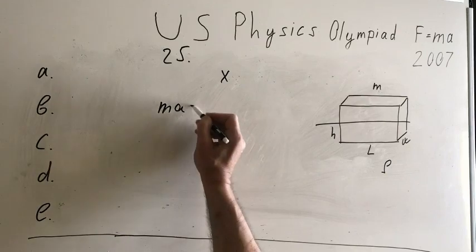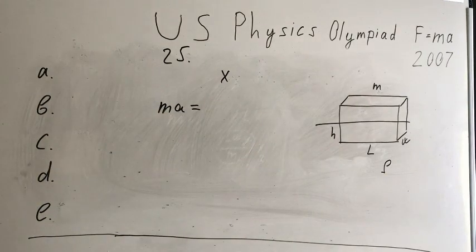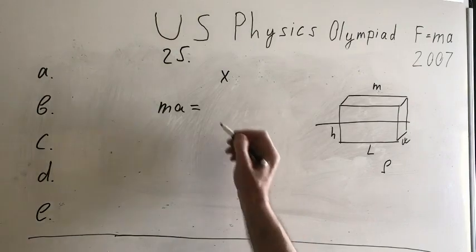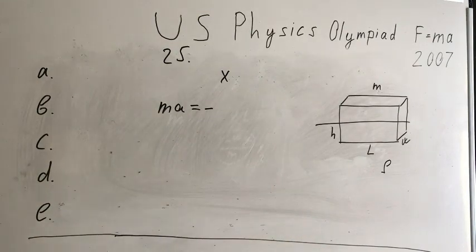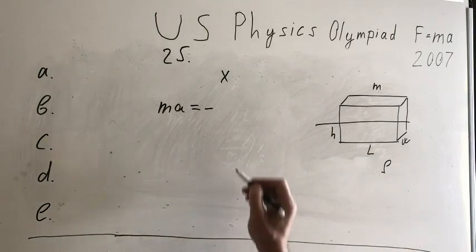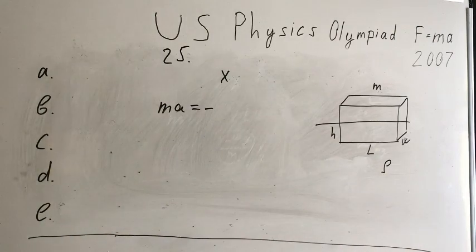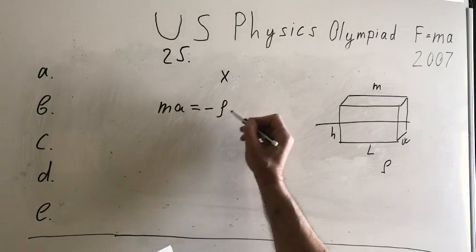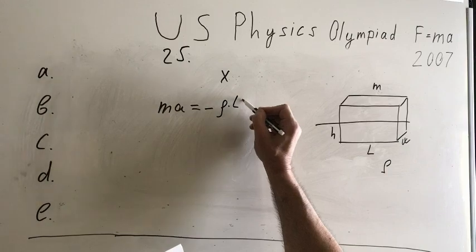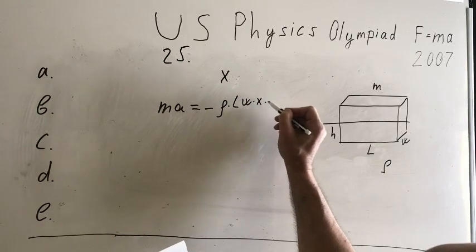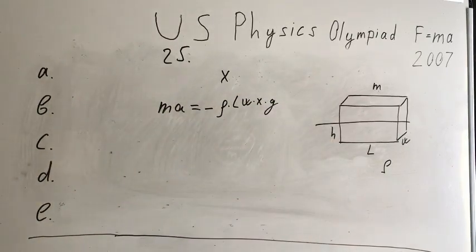Ma equals the Archimedes force, which is going up, so it's negative compared to the displacement. The Archimedes force equals the weight of the displaced water, which is ρLWxg. So this is our equation of motion.